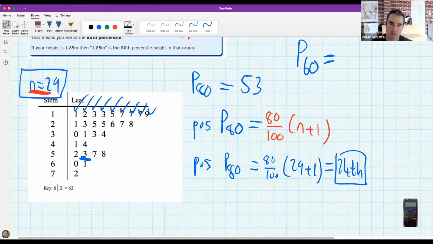Okay, so step one is to first find the position of P60. Once you found the position, you can then go from there. So be careful, guys. There's a difference between the position and the value.